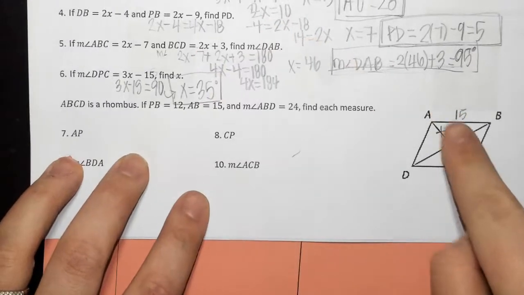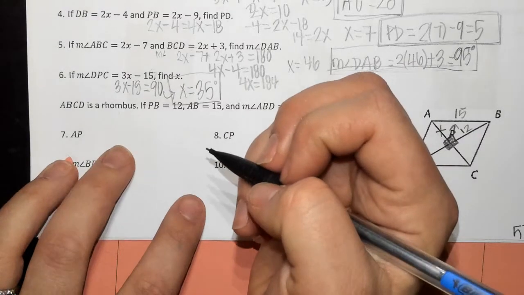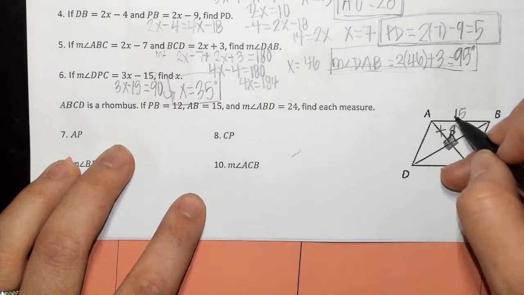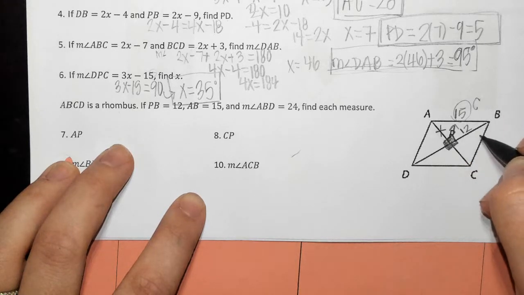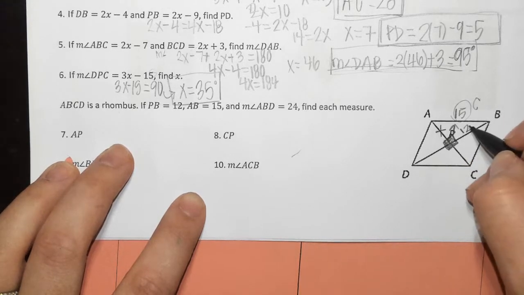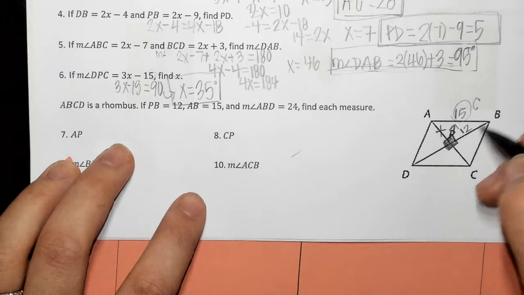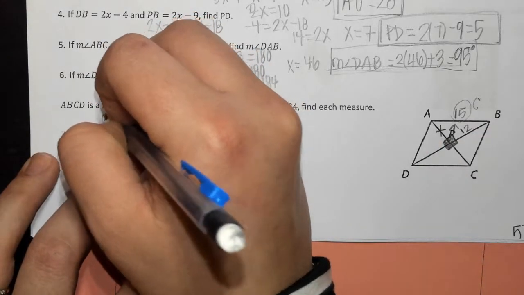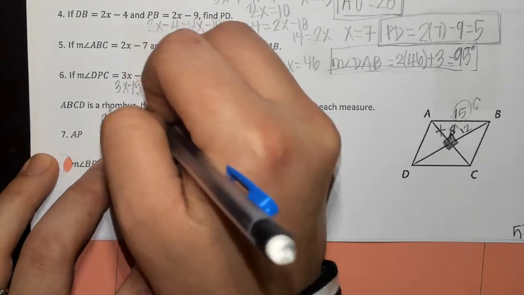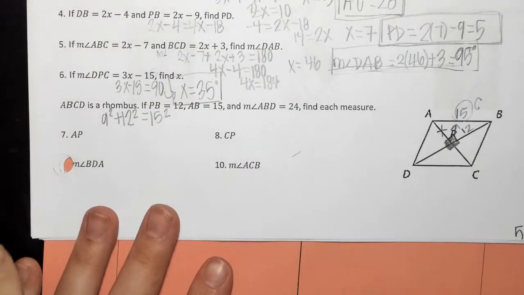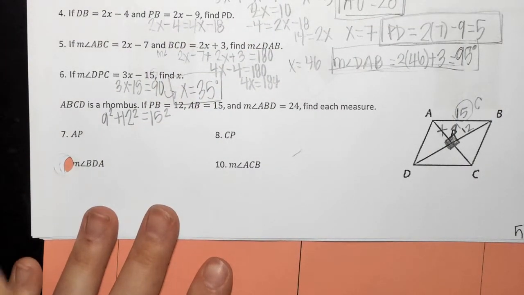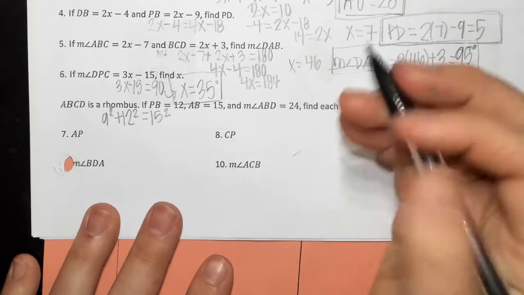Okay, so to find AP, you have to use the Pythagorean theorem. 15 is going to be which letter? C. Does it matter which one 12 is? No. So you have a squared plus 12 squared equals 15 squared. So a squared equals 15 squared minus 12 squared.